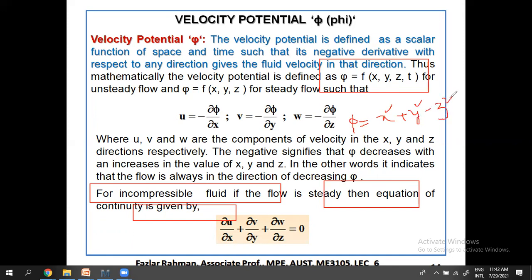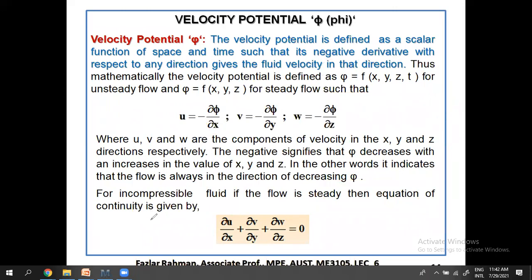What will be u? U equal to minus del phi by del x. You differentiate both sides, then this equals minus u. But obviously there will be one constant. Then you can figure out v if you differentiate with respect to y. So these are the properties of the potential function phi.